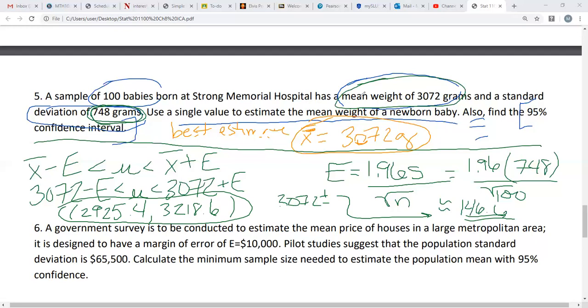So I'm going to go ahead and clear just this right side over here where we calculated the margin of error, just so I can include our interpretation.